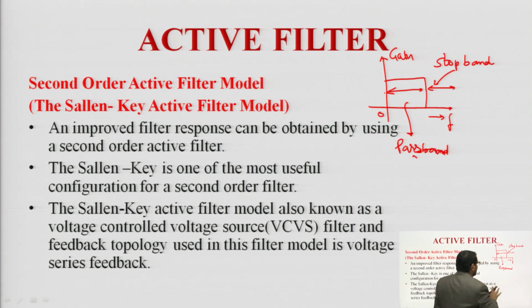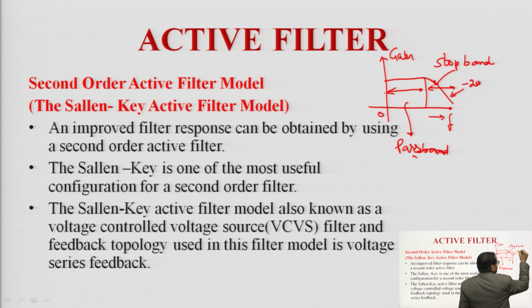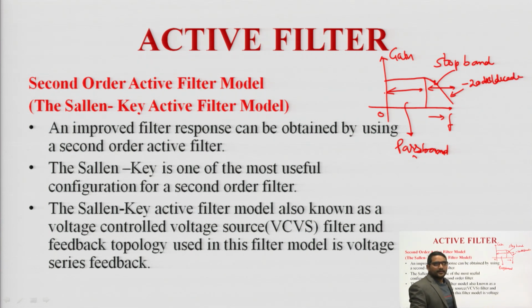So, why do we consider the ideal filter? The ideal filter has a sharp stop band. If you consider the first order filter, it has a roll off rate of minus 20 dB per decade.